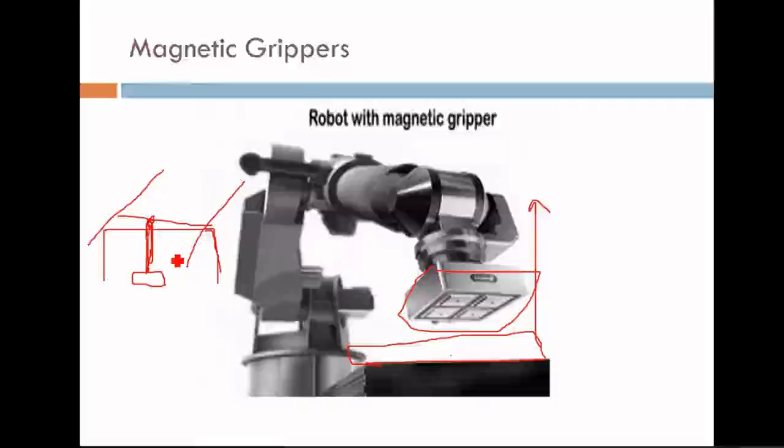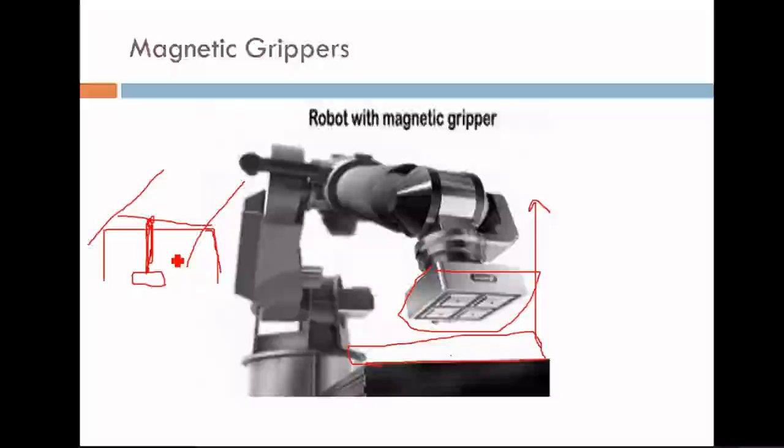So all these types of low weight particles we can carry by the adhesive gripper. Every time, this is a very expensive gripper, because every time we use it, when one part is picked and dropped, we need fresh adhesive material on the end of our gripper.